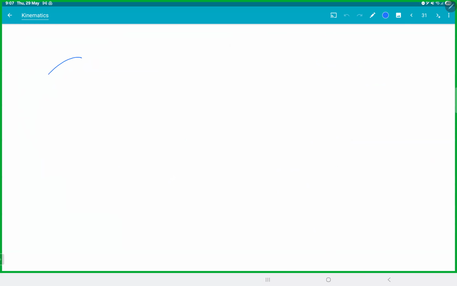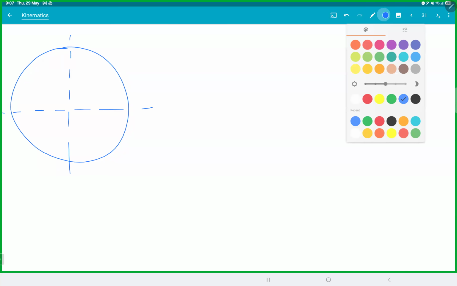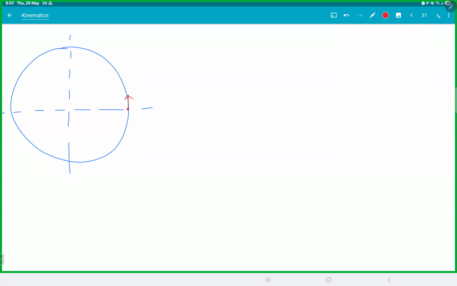Look at this thing, change in velocity. Initially, your particle is here going up. So your initial velocity is u j cap. This is your V initial. After some time t, this is your theta. This particle is going like this with speed u. If that is theta, this angle will be 90 minus theta.